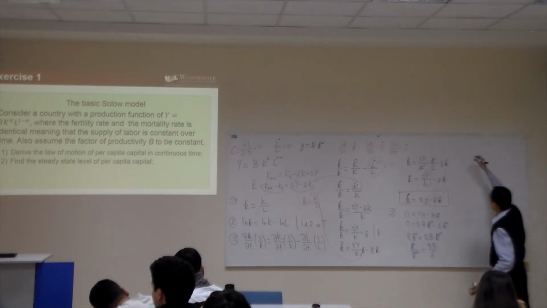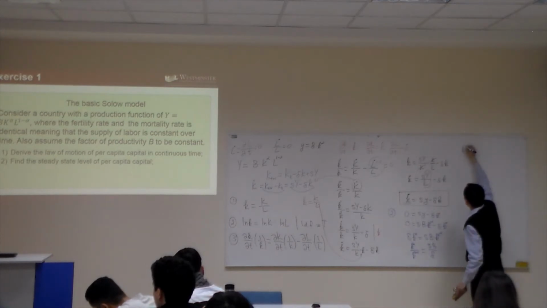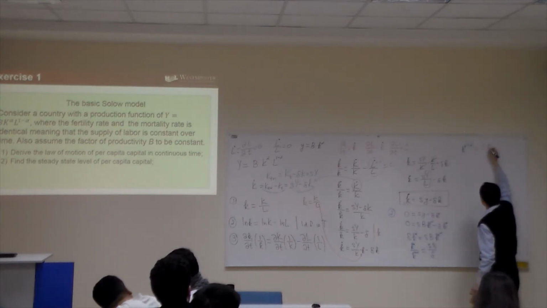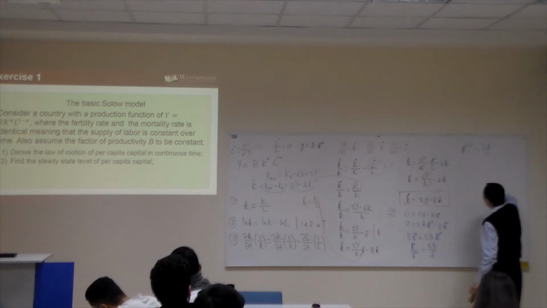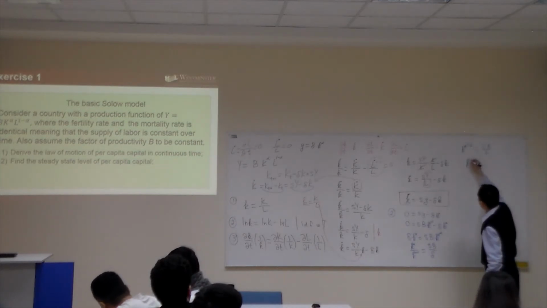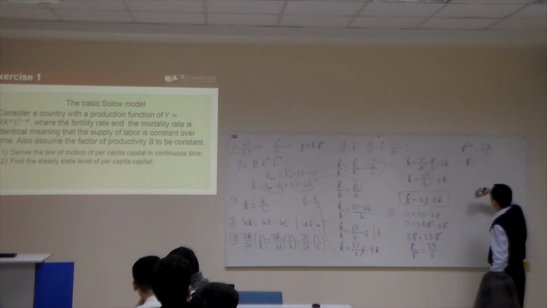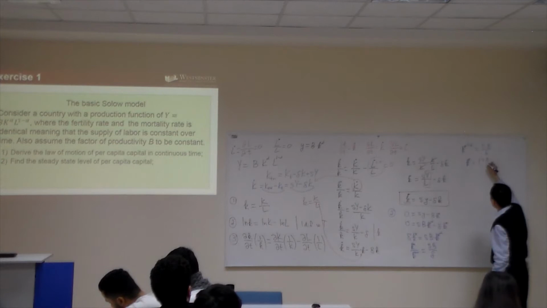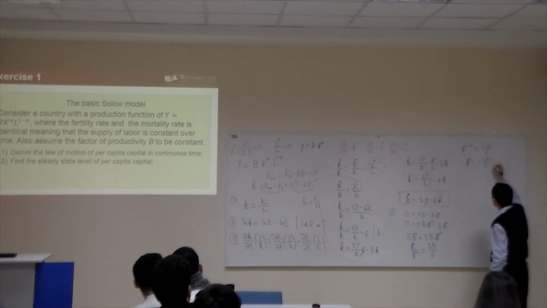And now it is K star in the power of 1 minus alpha equals saving rate times B over depreciation, or our K star, the steady state level of per capita capital, is equal to saving rate times technology over depreciation in the power of 1 over 1 minus alpha.